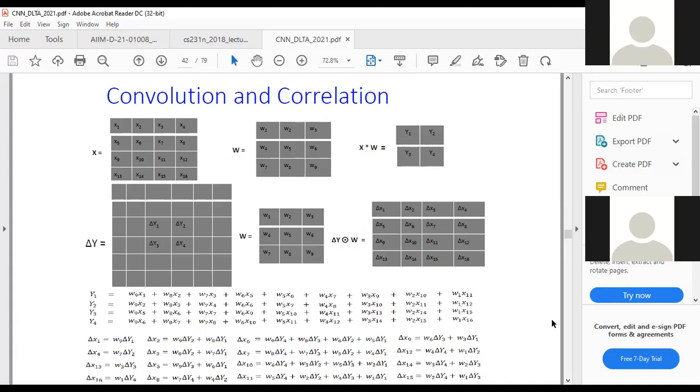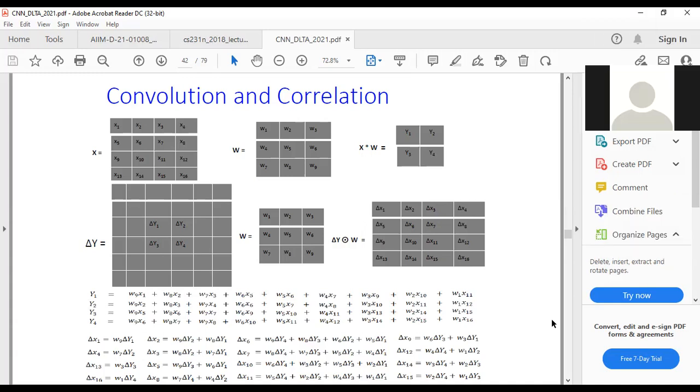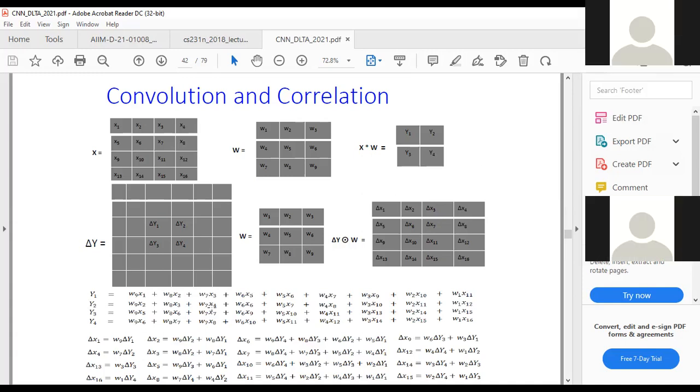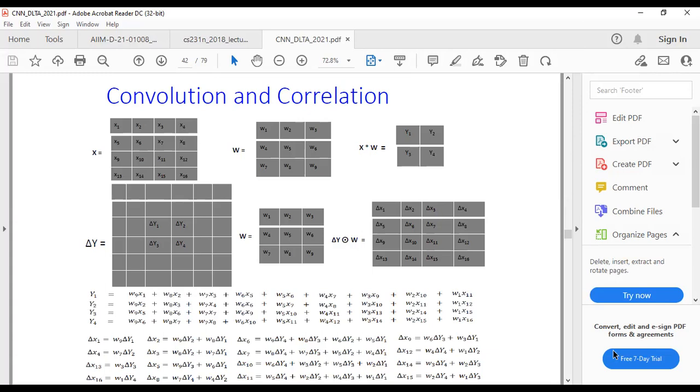Better to be in the class. Any other students? Chaitanya? What is delta X4 here? Are you people there or not?